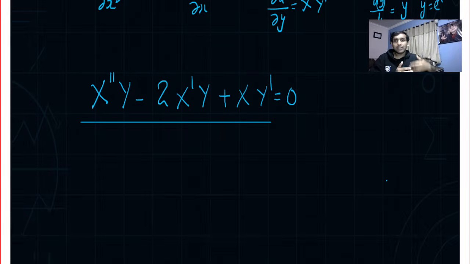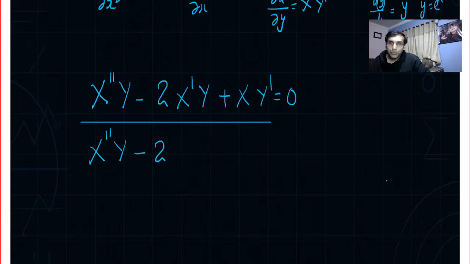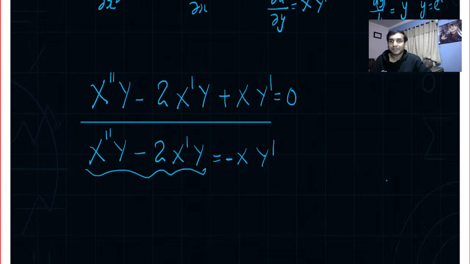When you work out 3, 4, 5, 6 problems, you'll understand the technique. Anyway, I'll do it for you. So I'm going to write this as x double dash y minus 2x dash into y equal to x into y dash with a negative. I did that intentionally because I saw something is common here.